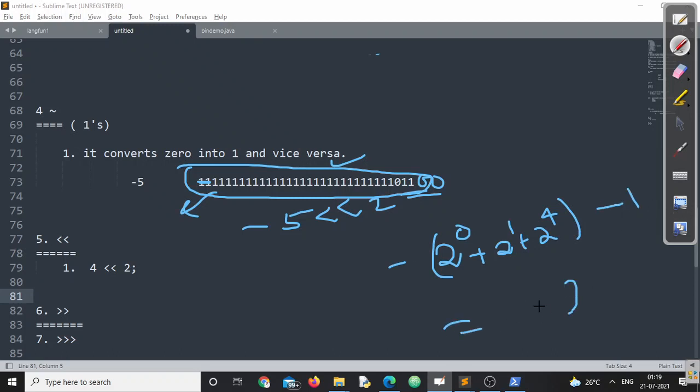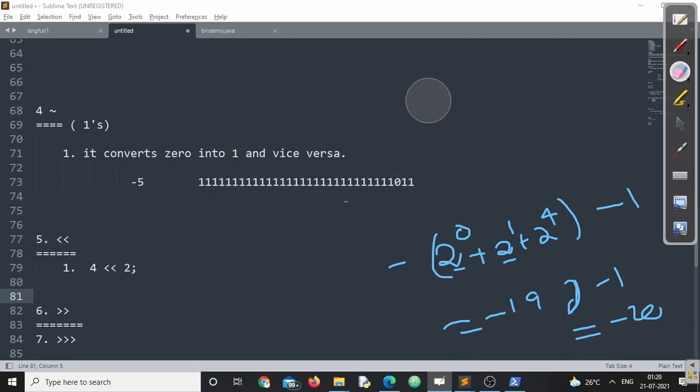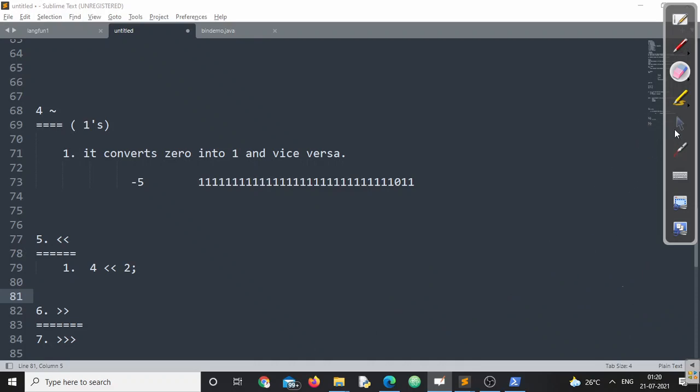This will be your final answer. 2 to the power 4 is 16, plus 2 plus 1 makes 19, followed by minus 1, so it will be minus 20. So if I write minus 5 left shift 2, definitely my answer will be minus 20. Let us cross check.